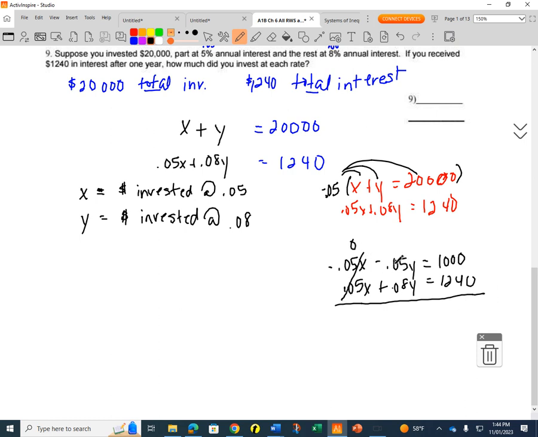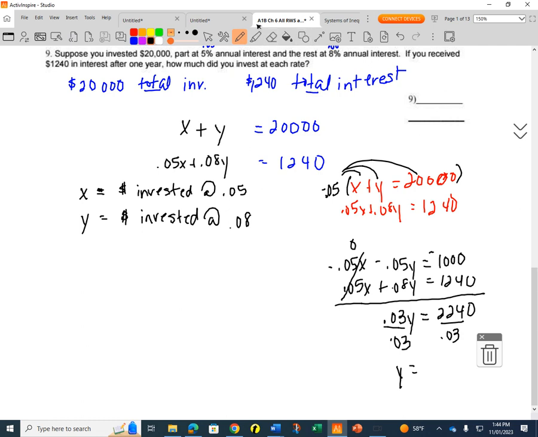Negative 0.05 plus positive 0.08 is a positive 0.03y, and that equals 2240. Divide both sides by 0.03, and y equals, what's 2240 divided by 0.03, Jacob? Wouldn't that be negative 1,000? Oh, thank you, yes it would, thanks Jacob.